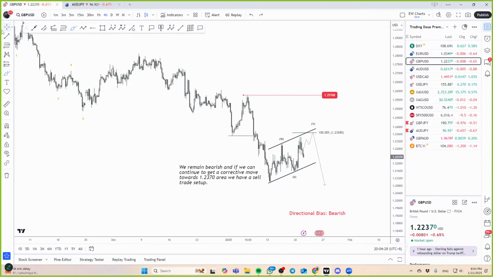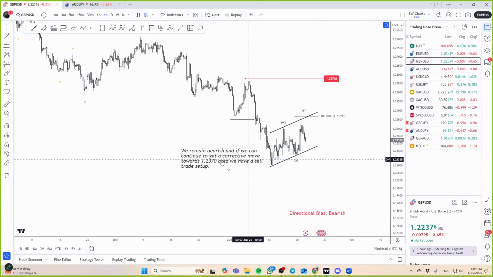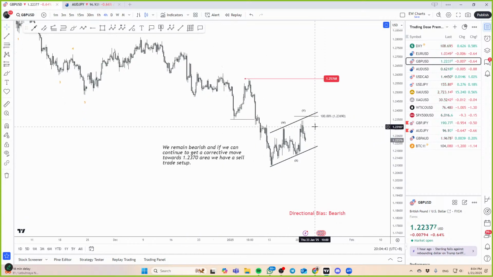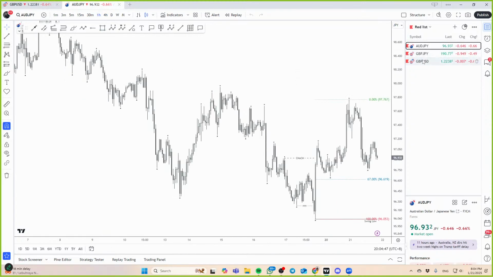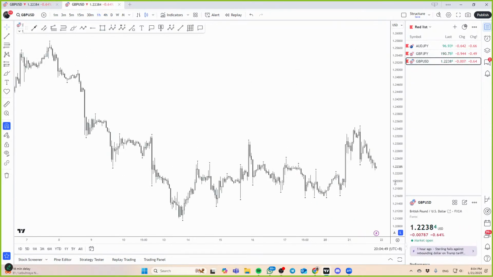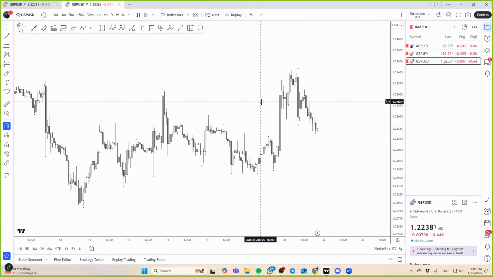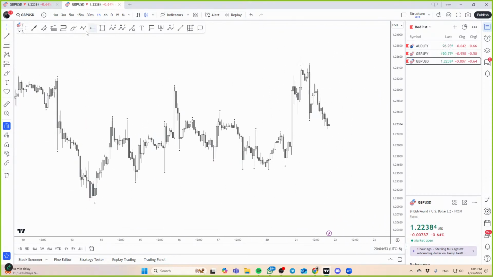In terms of fit, we haven't tagged 100%, but in terms of actual wave structure, it can be concluded as a completed WXY. So if we have a setup on the lower time frame to sell it, that can be a pretty decent opportunity to look out for.